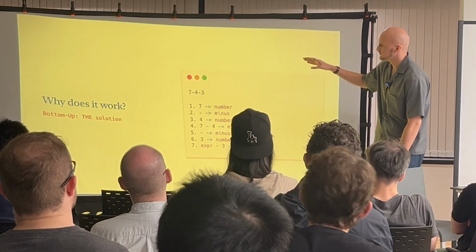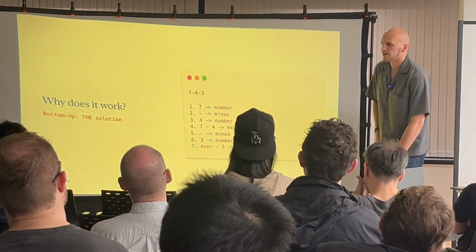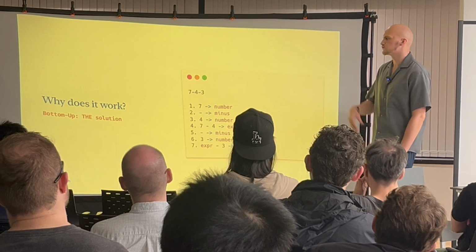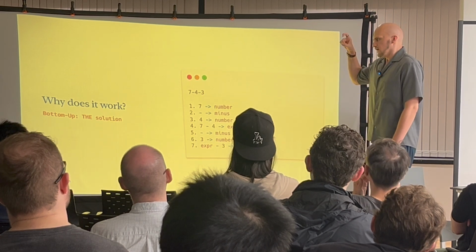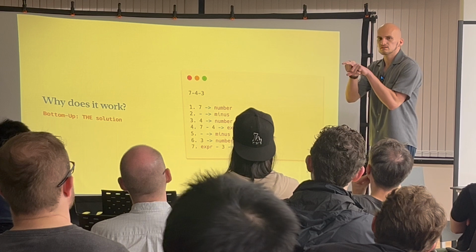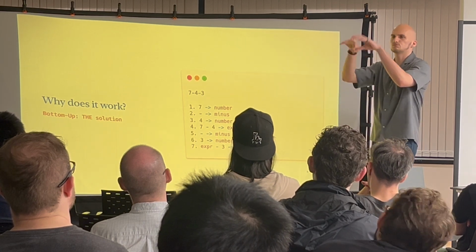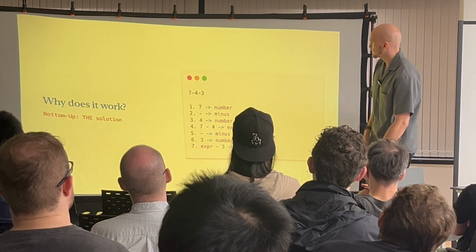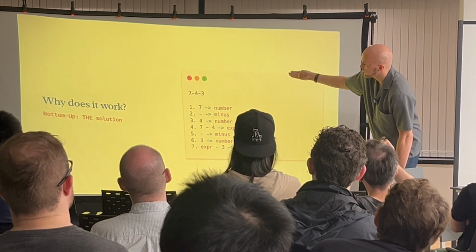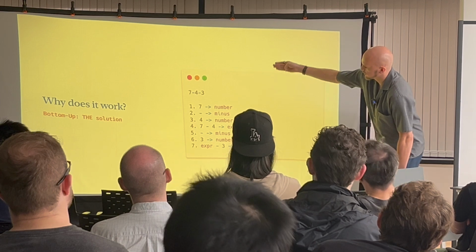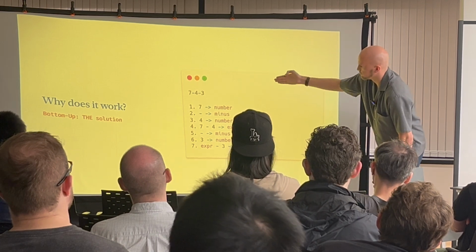Here is the breakdown of it to understand how it works. Because of the bottom-up approach, which looks first at the smallest piece, which is in our case 7 minus, etc., before looking at the expression, that's going to work. So here we have 7 minus 4 minus 3 again. What it's going to do is 7 minus 4, which is number minus number.